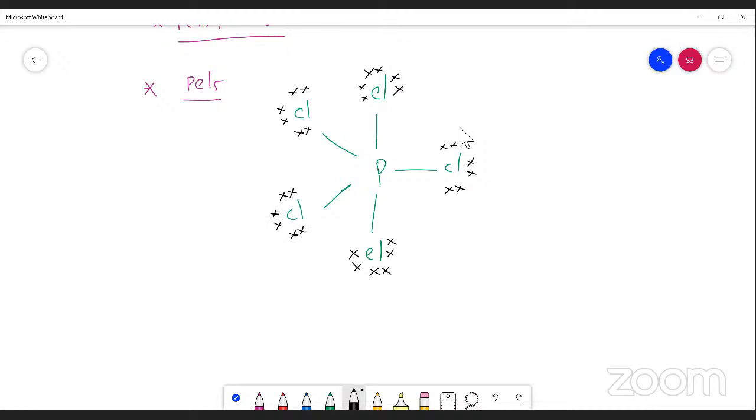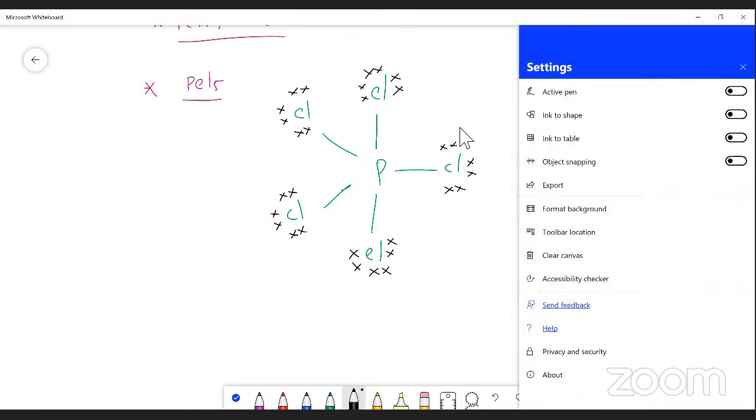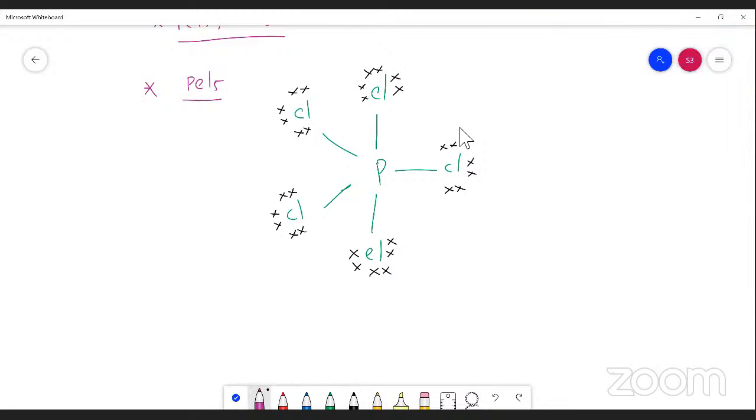Okay. Now, in this case, we are taking first phosphorus and the chlorine. Each chlorine is surrounded by 8 electrons, that is 6 lone pair electrons and 1 bond pair. Now, phosphorus is surrounded by 10 electrons, correct?